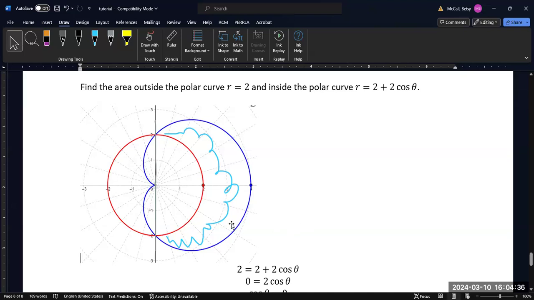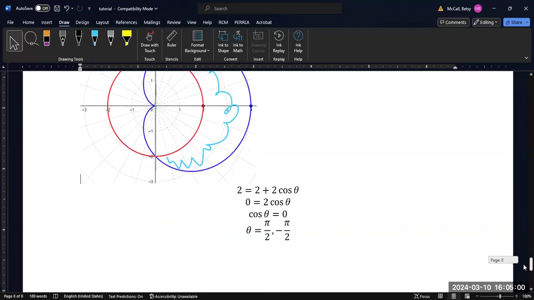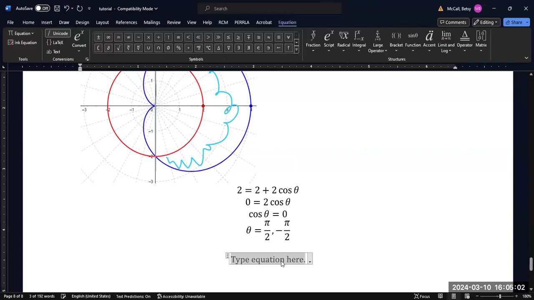Now, we are going to use symmetry to make our life, when we plug in values, a little bit easier. We're just going to do this top half and then multiply by 2. Now, this is an area between two curves, and so we do also need to take that into account. The outer curve is the cardioid. The inner curve is the circle. So let's set up our area equation. We're going to double it because we're using symmetry.